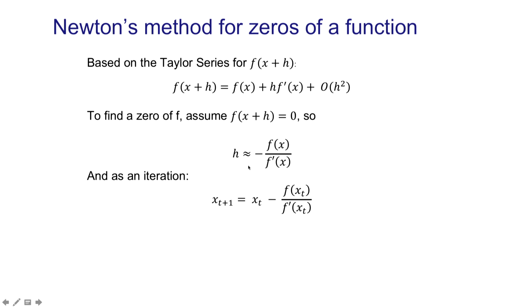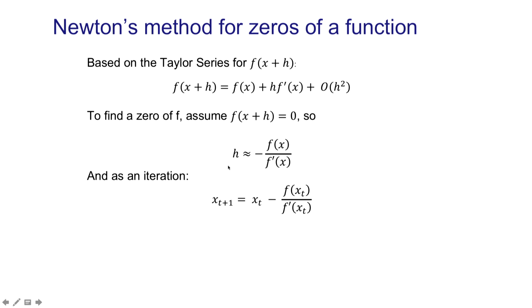So that's the step, and basically we say that x_{t+1} is x_t plus h. So we add the little offset h to x, and that should be a better approximation of being 0 than the previous one.